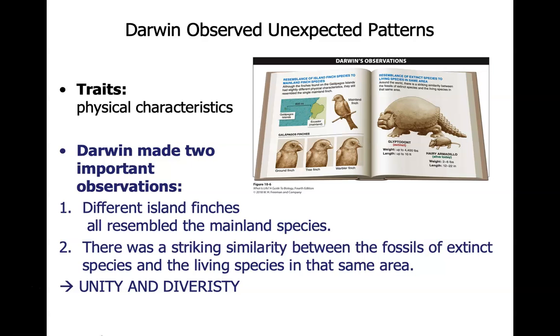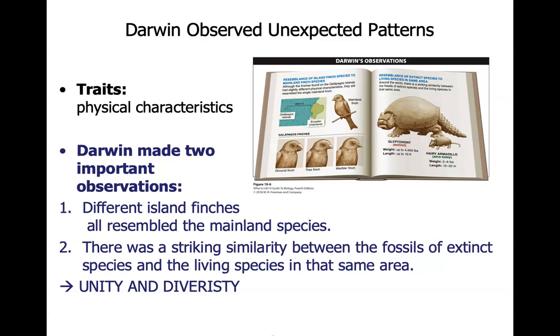And so he could trace sort of this lineage from the different islands to a related species on the mainland. Now I know it's kind of small. If you look here, we've got the western coast of South America, that's Ecuador there. The mainland, and then we've got the Galapagos Islands off the western coast of South America.